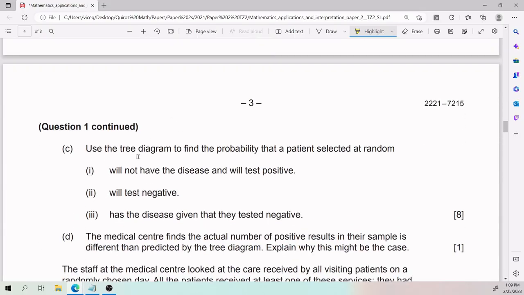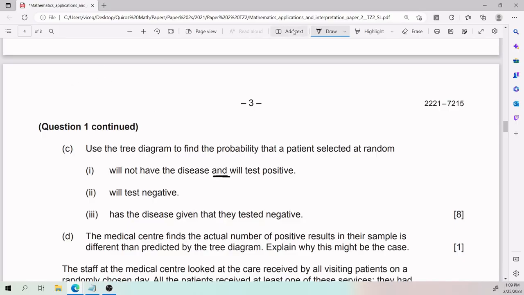Part C. Use the tree diagram to find the probability that patients selected at random will do each of these things. Okay? So in probabilities, there are buzzwords that can help a lot. In these exercises in general, you want to look for buzzwords, and in the realm of probabilities, "and" is a massive buzzword.